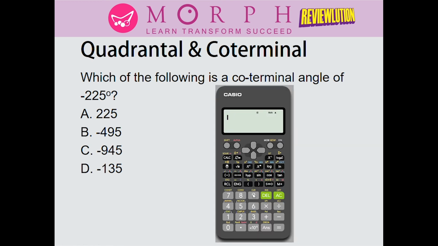Okay, testing natin sa calculator natin. For example, we have sine of negative 225. In degrees ka dapat, kasi naka-degrees yung ating given. So, yan, square root of 2 over 2. Kung i-test natin, sine of 225 sa letter A, negative siya, so mali siya. Tapos, we have negative 495.